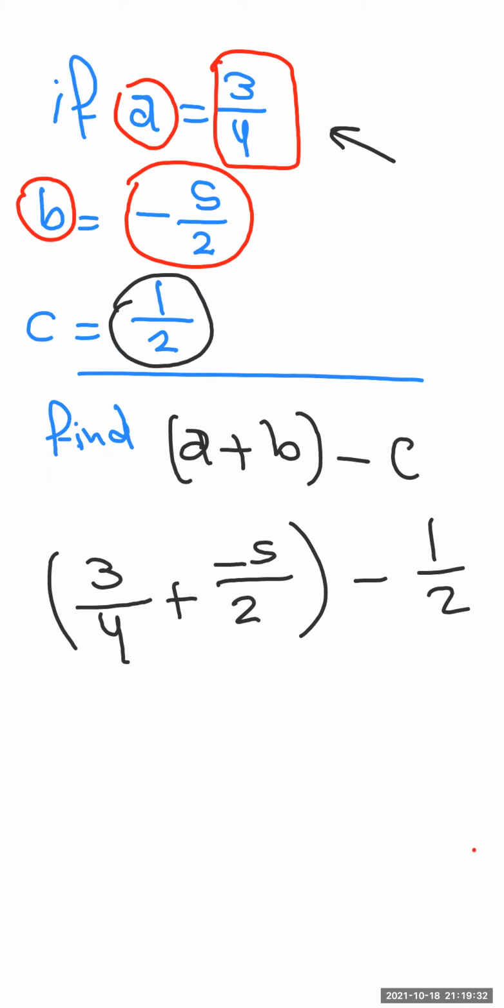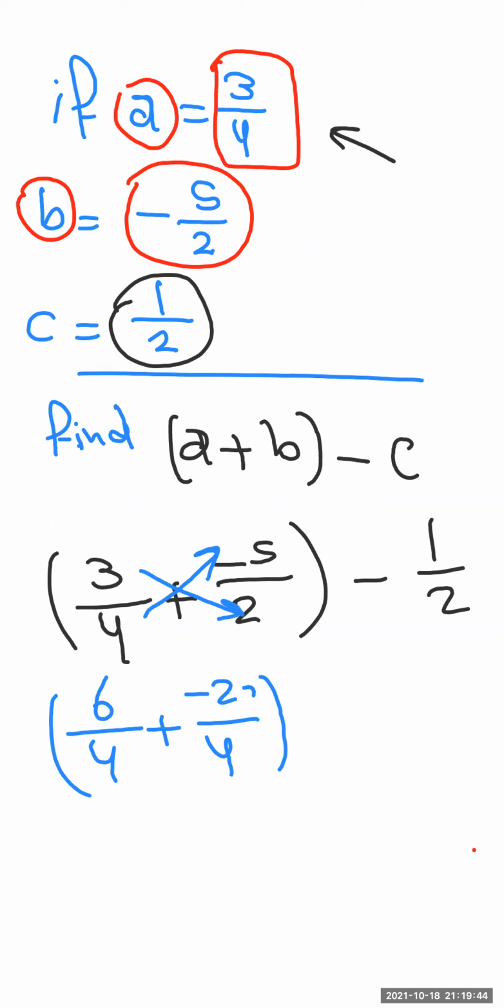So now unify these two denominators, which will be 4 between the two brackets like that. Then 3 times 2 is 6, 4 times negative 5 is negative 20, minus 1 over 2. 6 minus 20 means negative 14 over 4, minus 1 over 2.